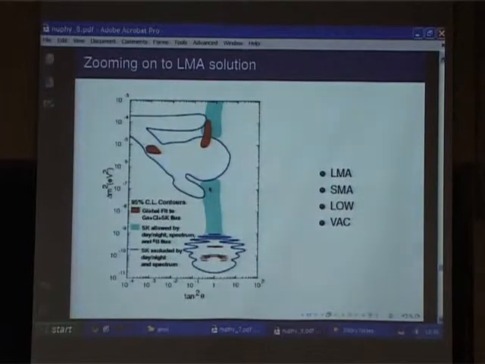It's allowed by flux, this red part. It's allowed by day-night asymmetry, which is very small. It's also allowed by the spectrum because it falls outside this. So finally you only get this small part, and we will come to what this small part is. This is the LMA solution.